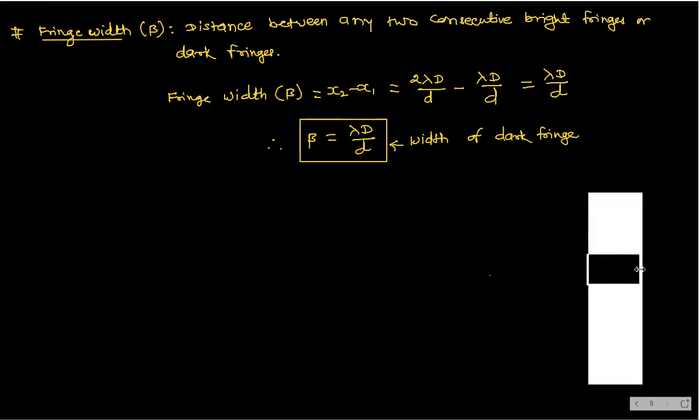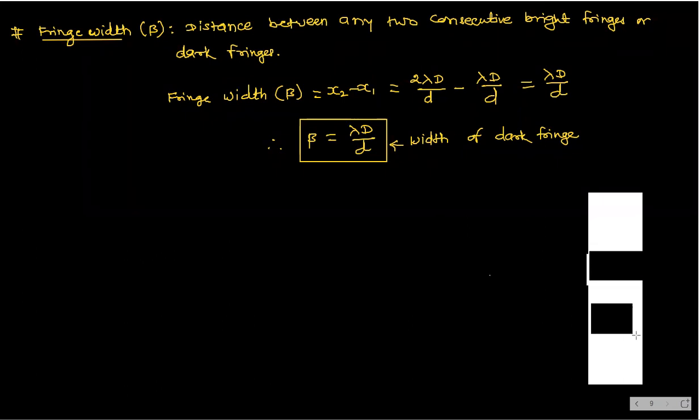If I add two strips in between, you will get clarity. You can see bright, dark, bright coming. Something like this you are getting.